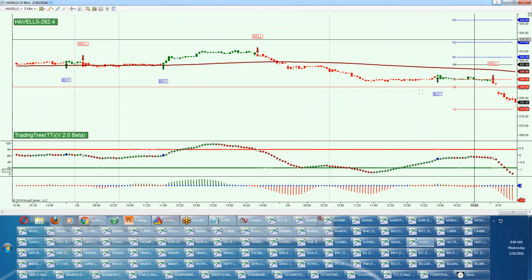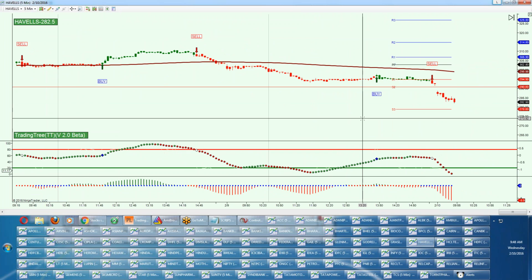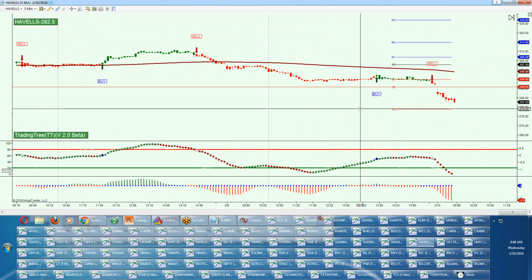So your next target for Havells will be 278, or let's say 279.